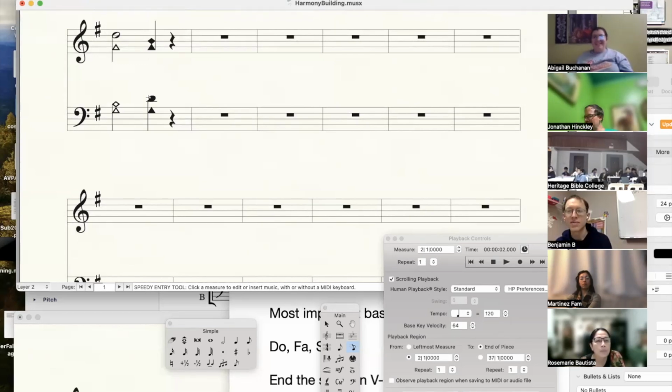That is correct. They're moving in two different ways, contrary motion. And if you notice, they change places. It's a great trick. So here, this is so, mi, right? And in the tenor I have mi, so. You see the trick? So sometimes we call this something like a scissors, right?